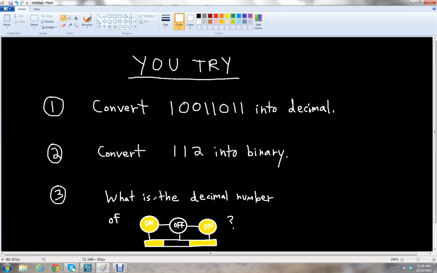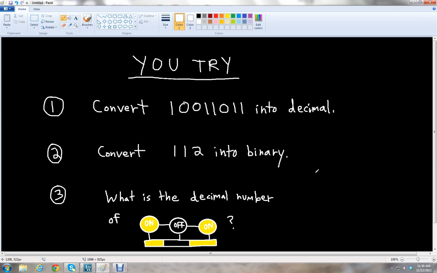And then number 3, we have the on and off switches. What is the decimal number of this on and off, let's say, light bulb setup here? So first one's on, second one's off, third one's on. So what is the decimal number?